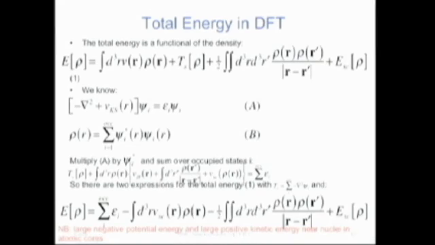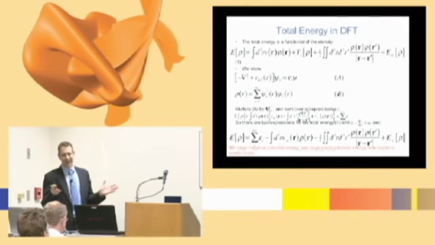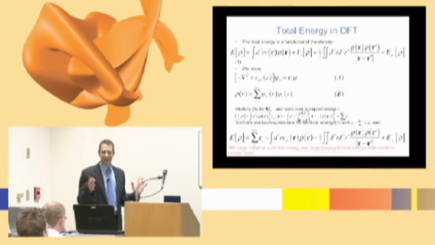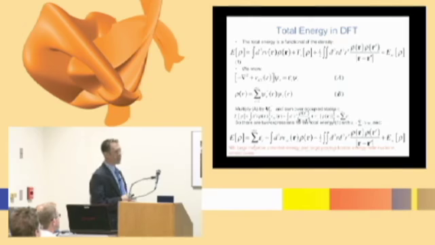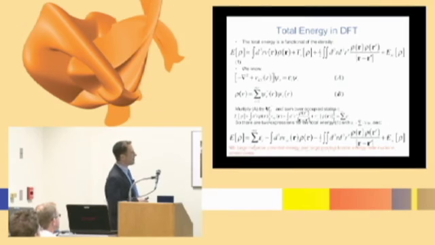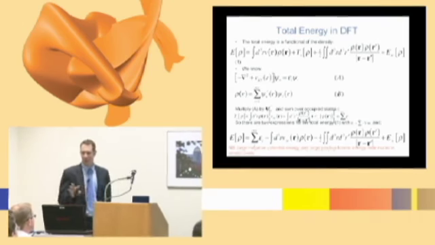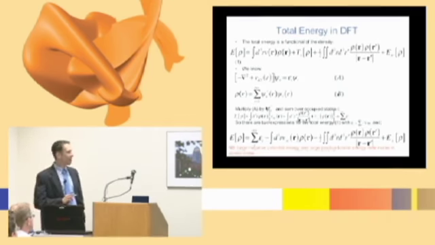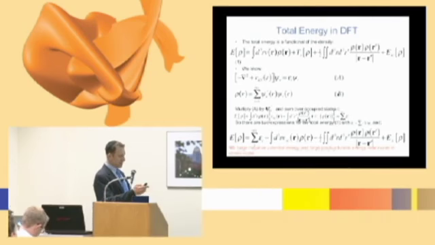Even now, you'll find calculations done with different codes will not give identical results all the time. You can track that down and try to figure out where that's coming from, even when supposedly the same approximations are being made. Usually nowadays that's due to pseudopotentials, which I'll talk about at the end of the talk, rather than any kind of problem with the total energy calculation. But for a long time this was an issue in the total energy calculations as well.